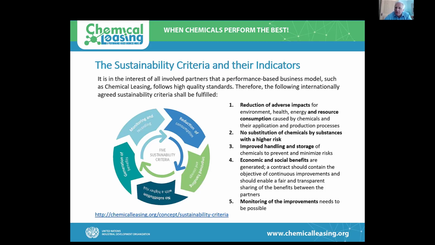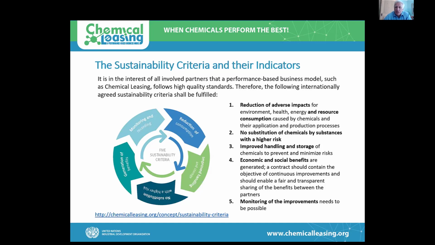To be very clear on this, you can have a substitution of a chemical in a chemical leasing process, but then the new chemical should have a lower risk and not a higher risk to the involved workers and to the environment. So sustainability in the sense of the three dimensions, environment, social and economic dimension, is requesting that such a substitution does not take place.